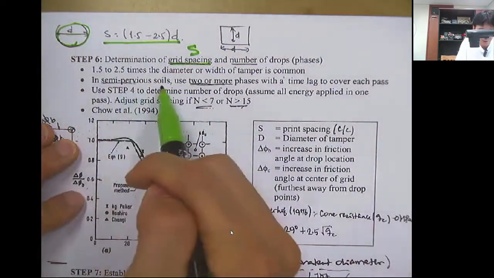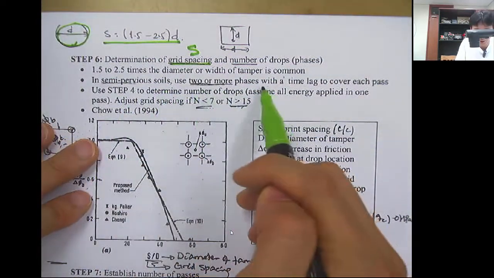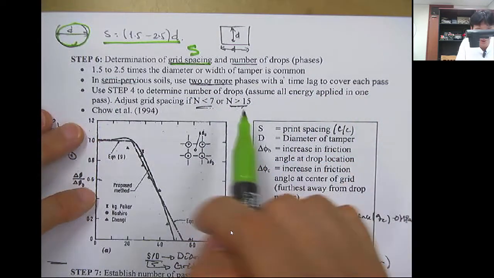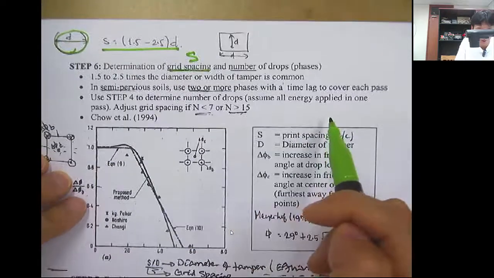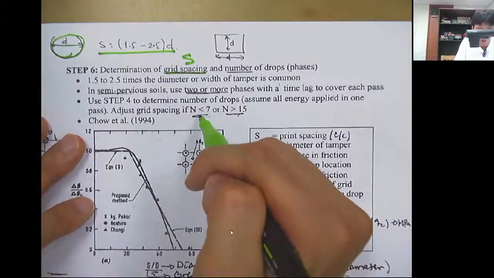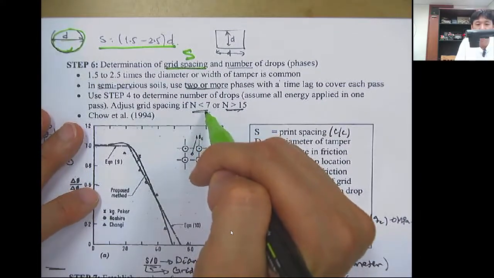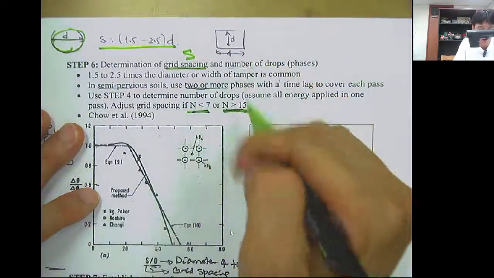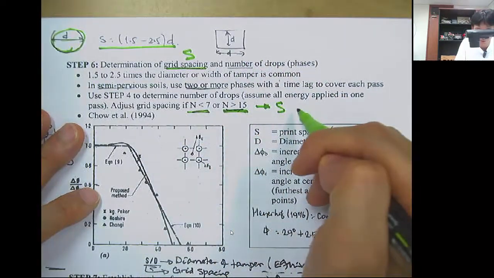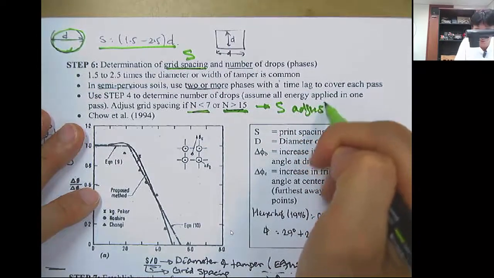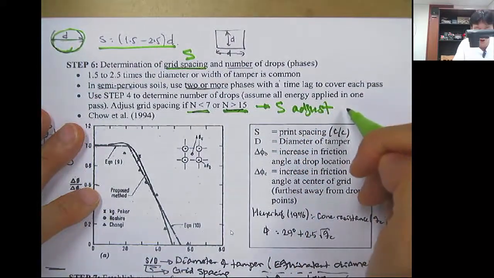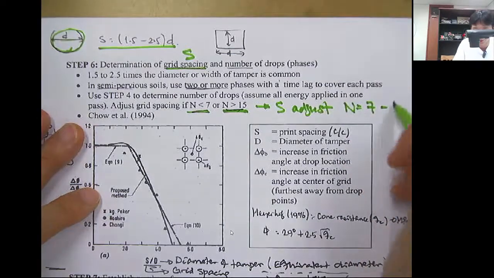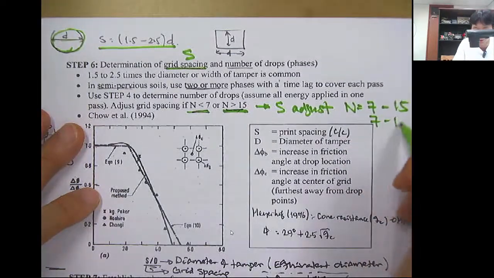In semi-pervious soil, use 2 or more phases with a time lag to cover each pass. And also, if the number of drops is less than 7 or larger than 15, then you adjust the S to have the number of drops between 7 to 15, or 7 to 12.